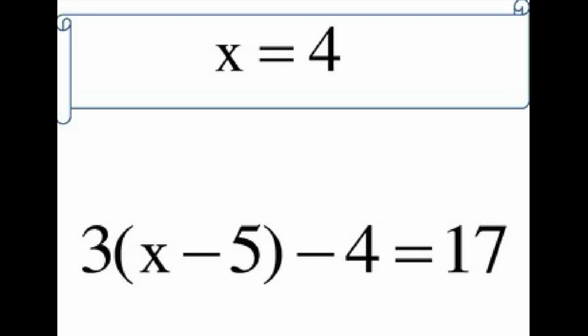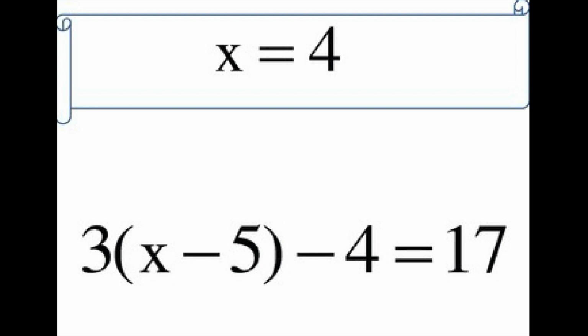Okay, so the first problem we have here is 3 times the quantity x minus 5, minus 4, equals 17. Now, with multi-step equations, obviously you have multiple steps to solve them. So the first step we would do here is distribute using the distributive property.